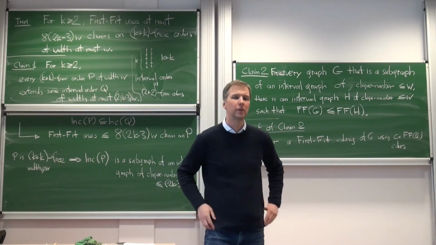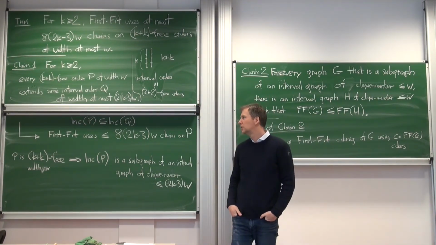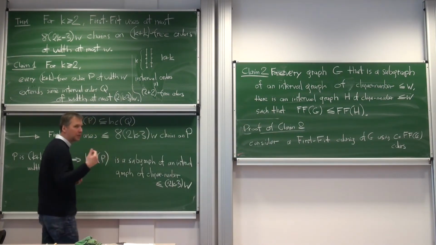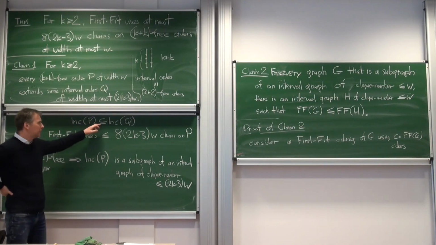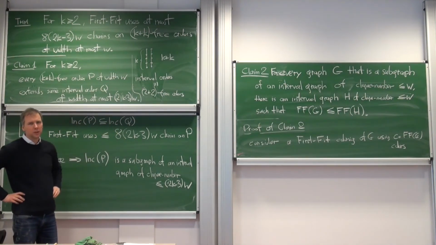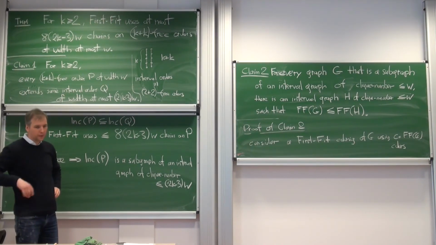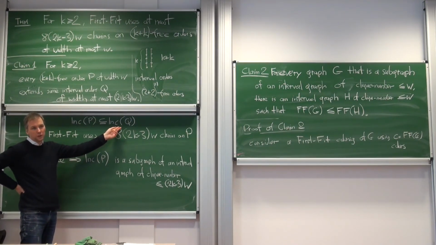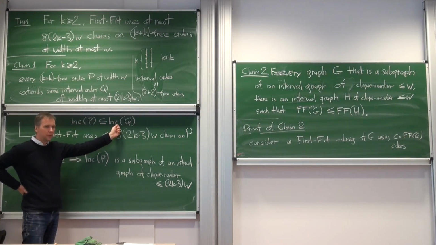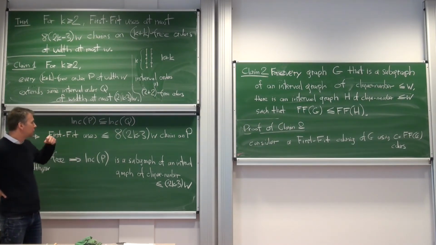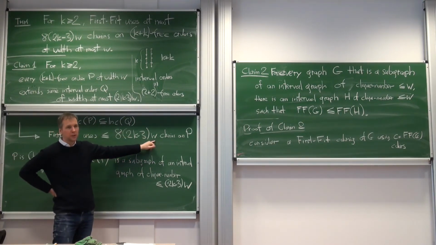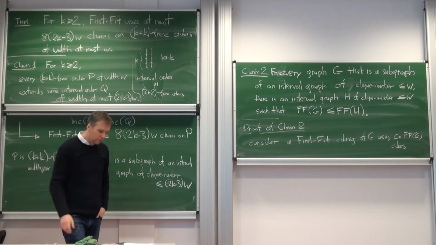Are we done with the theorem? Well, we know that the incomparability graph of P, our k+k-free poset, is a subgraph of the incomparability graph of some interval order Q. And we know that on interval graphs, Q is an interval graph, we have a good bound. So is it true that first fit uses at most a constant times the width, where the width is here 2k minus 3 times W chains, and that's it? Is it true?